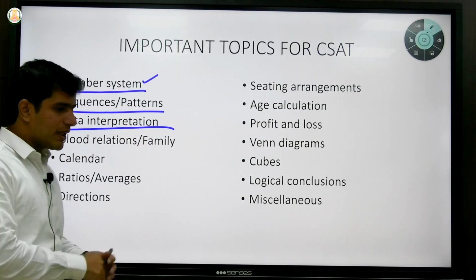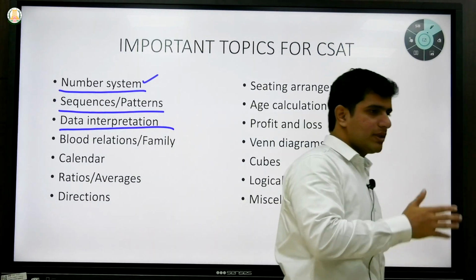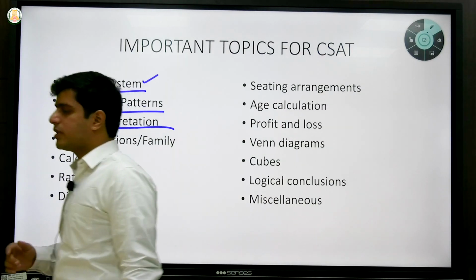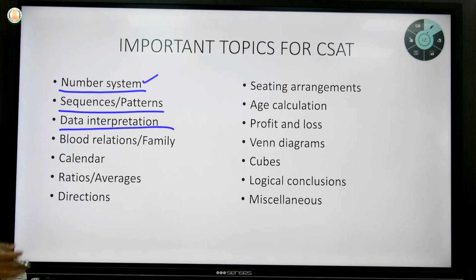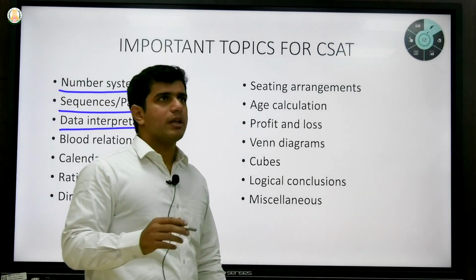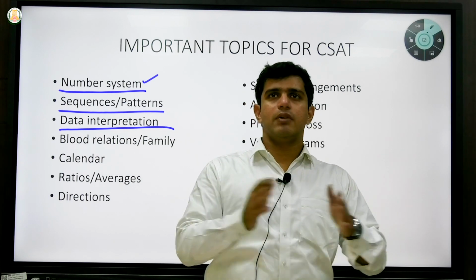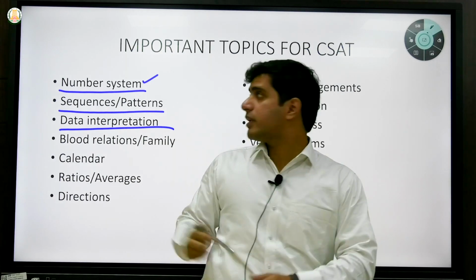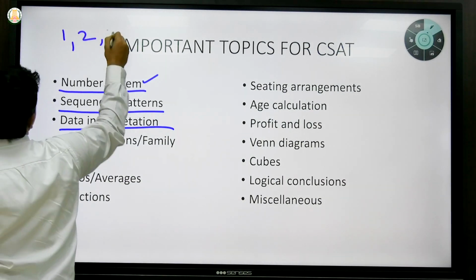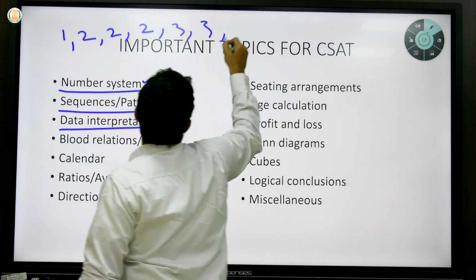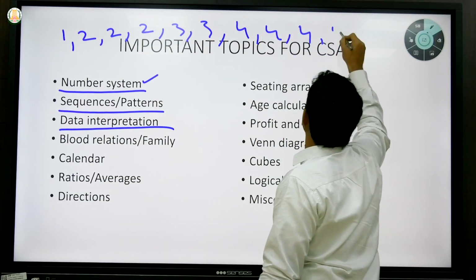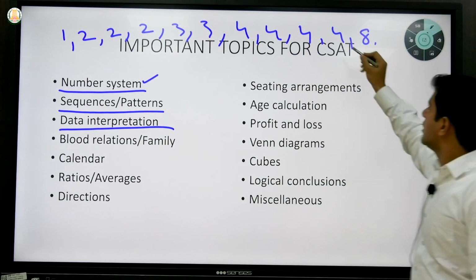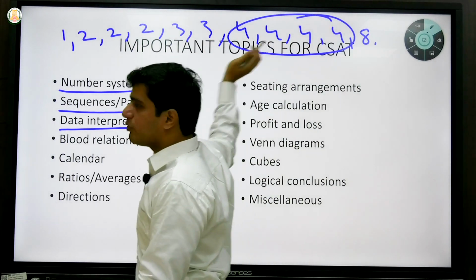Third is data interpretation. They'll give you a table with different values, and they'll ask you to find the average or the mode of it. Sometimes this is from statistics: mean, median and mode. Mode is, let's say, if I give you 1, 2, 2, 2, 3, 3, 4, 4, 4, 4, 8, and they ask what is the mode, the answer will be 4, because it is repeating 4 times.